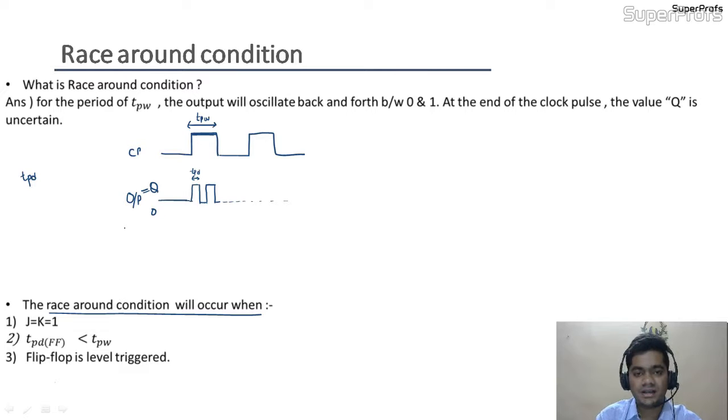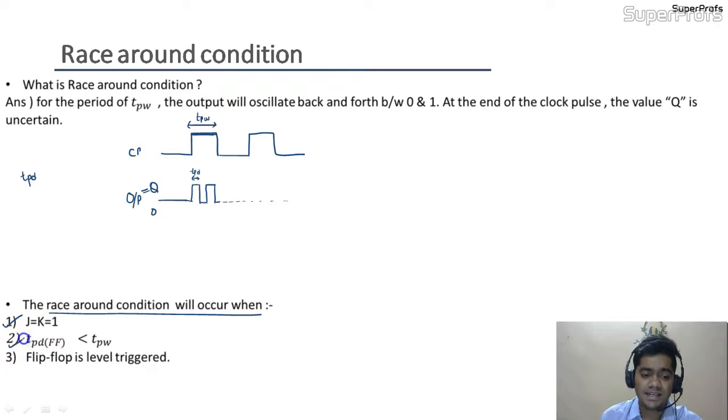But as now the feedback is given to these flip-flops, this one would travel back to the input, and it would change again the output from logic 1 to logic 0. So it means that it would oscillate back and forth between 0 and 1. That's why it is known as race around condition, and this will happen when J and K equal 1.